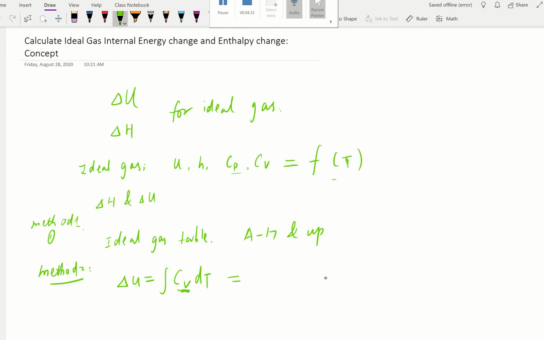We're going to use Cv at the average temperature, times delta T. This T average is the initial temperature plus the final, divided by 2.